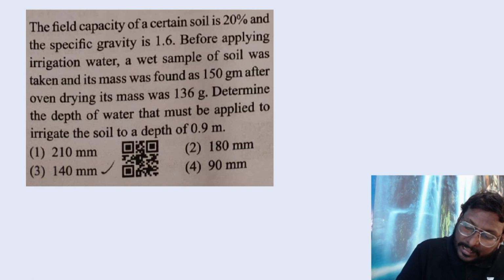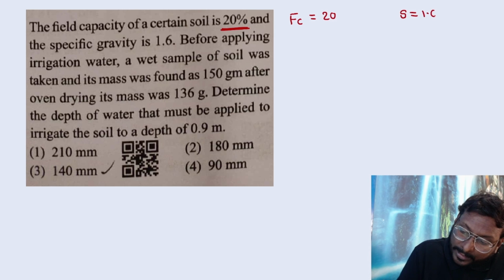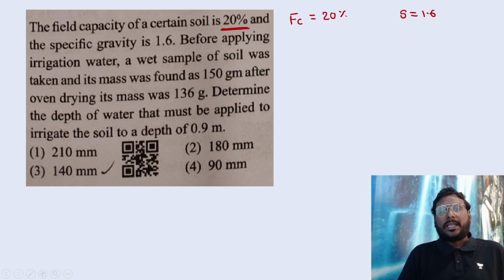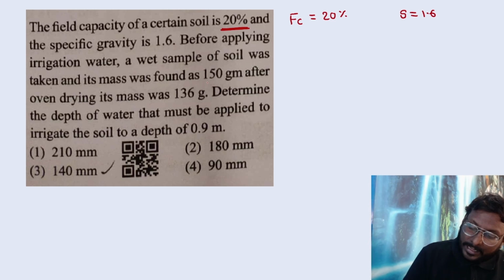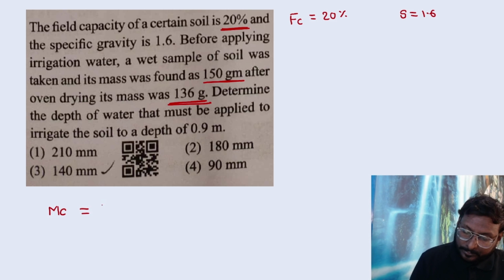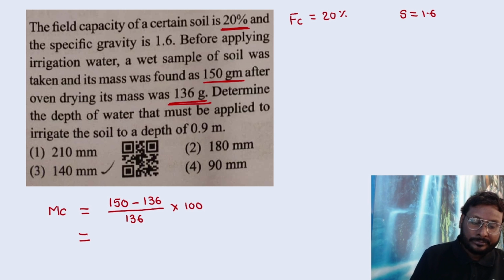Field capacity of a certain soil is 20%. Specific gravity 1.6. Before applying irrigation water, a wet sample of soil was taken with mass 150 grams. After oven drying, 136. So moisture content is 150 minus 136 upon 136 into 100. Please tell me what moisture content you are getting. 10.29%.